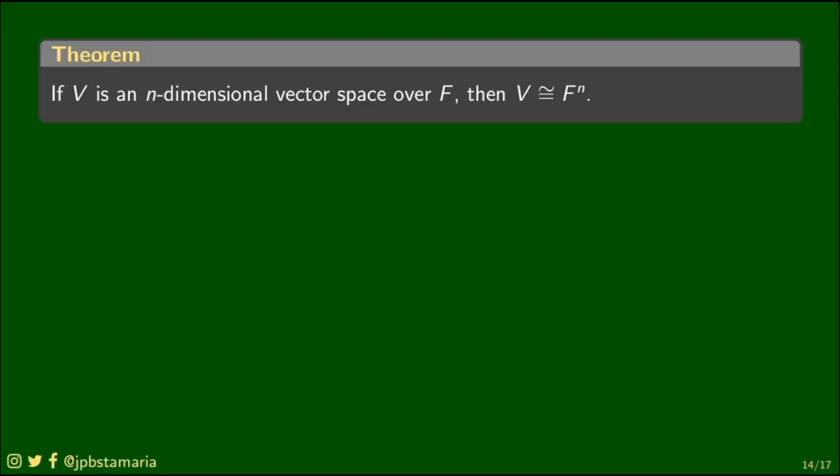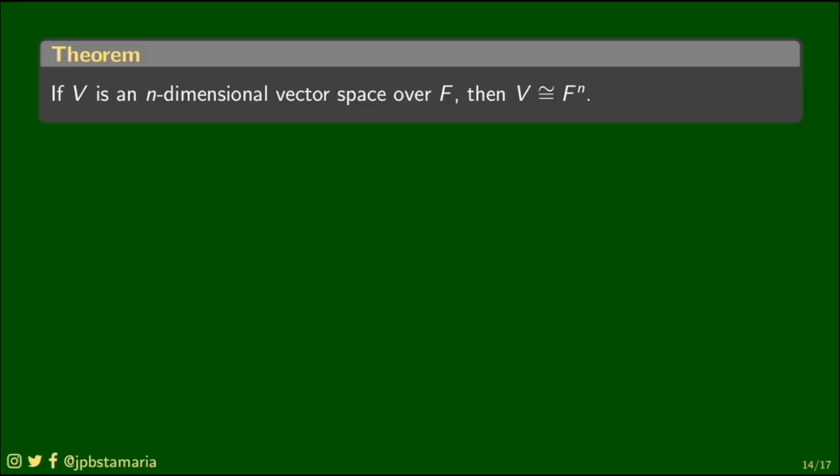In the study of vector spaces, the classification part is relatively easy because, according to this theorem, if V is an n-dimensional vector space over F, it is simply isomorphic to the space Fn. If V is a real vector space of dimension n, for example, it's just isomorphic to Rn.